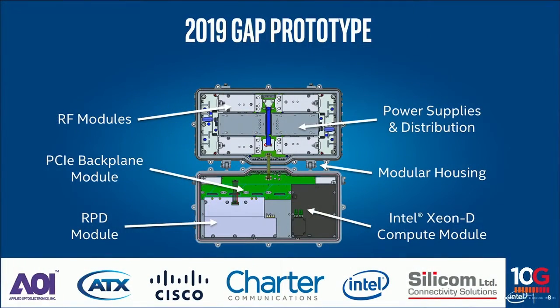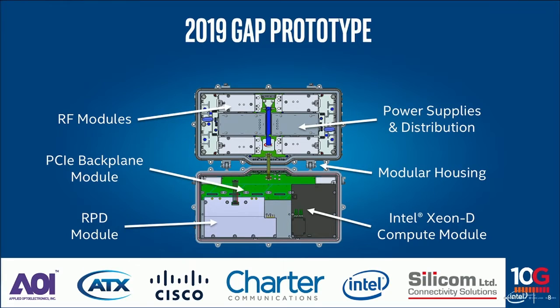So again, tremendous progress. We've also progressed to a prototype. A subset of the companies up here with me on stage today got together and decided to build an actual functional prototype of a GAP module, and we did just that. You can see this on the show floor in 3 different spots, which I will talk about after the panel session.